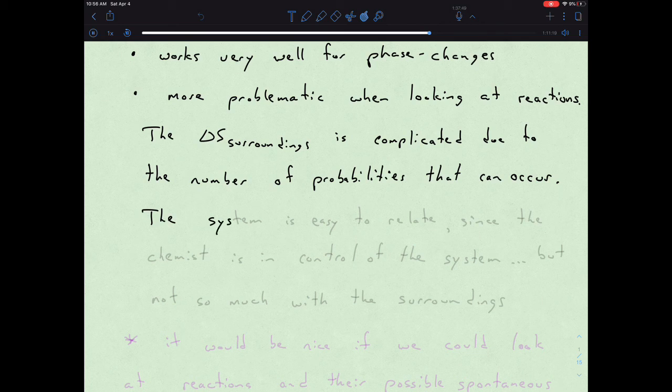The system is easy to relate since the chemist is in control.